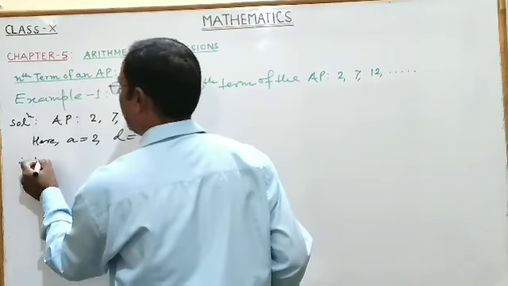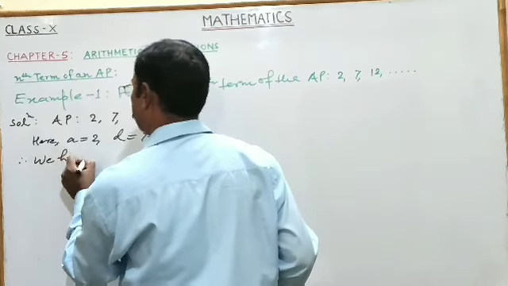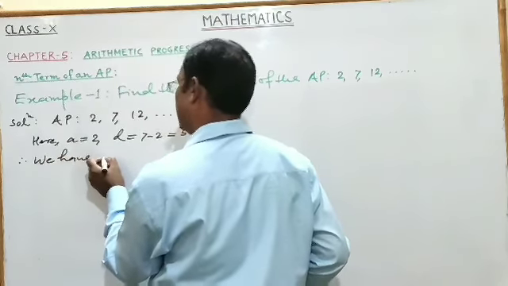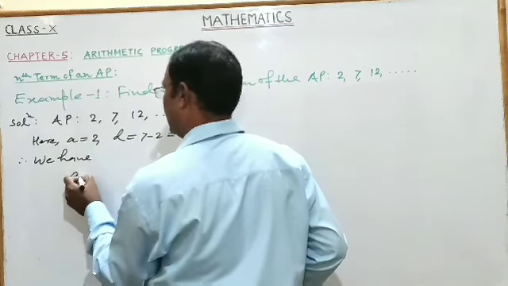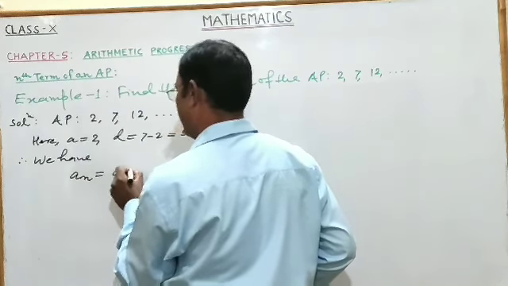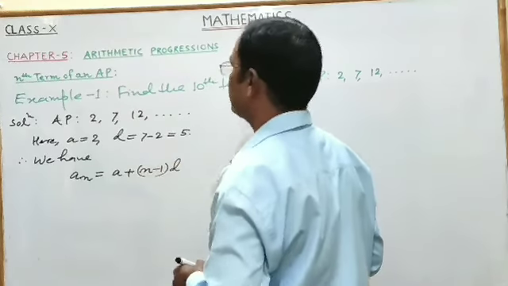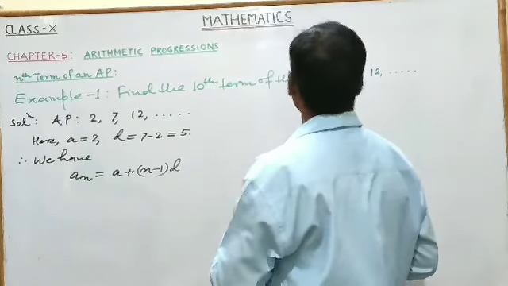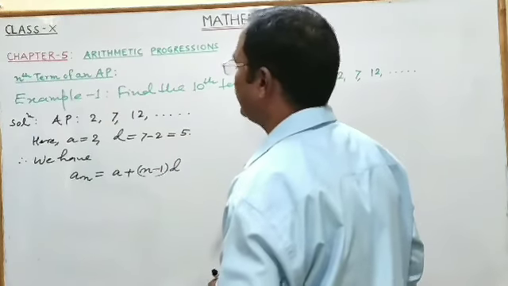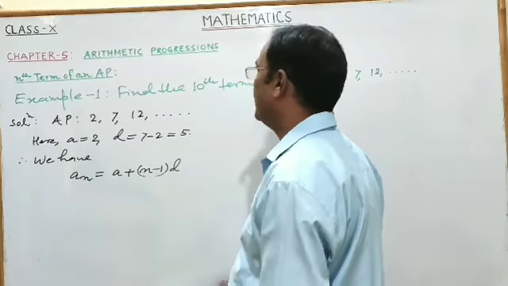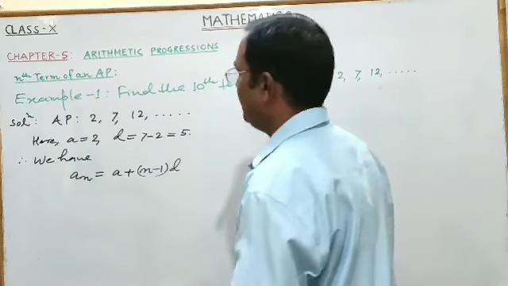So we have the expression for nth term as An equal to A plus n minus 1 into D. We have to find 10th term of this arithmetic progression, whose first term is 2 and common difference is 5.